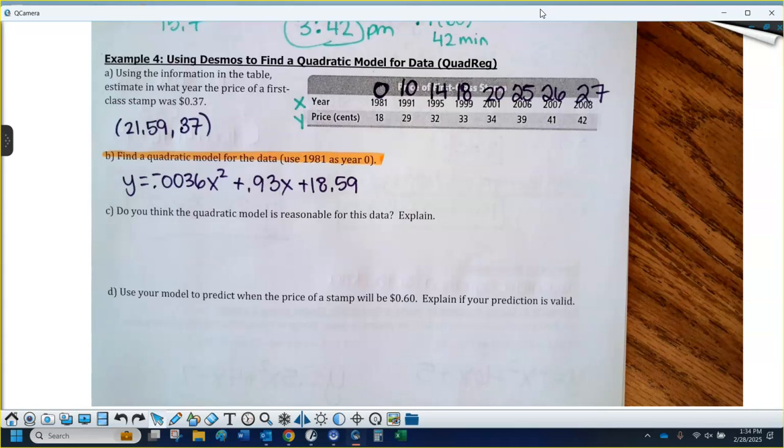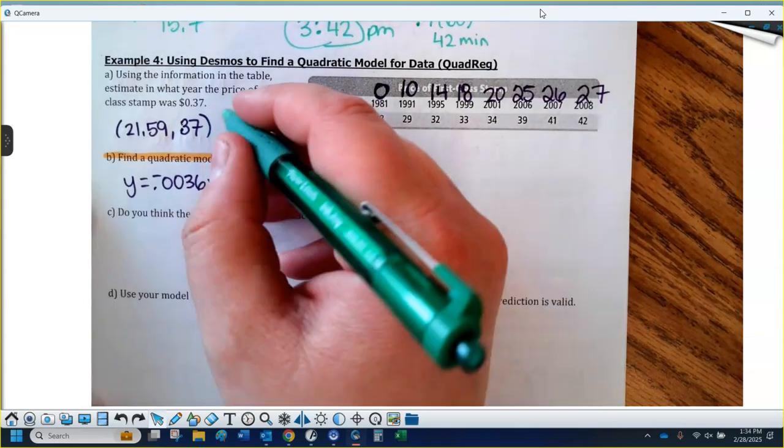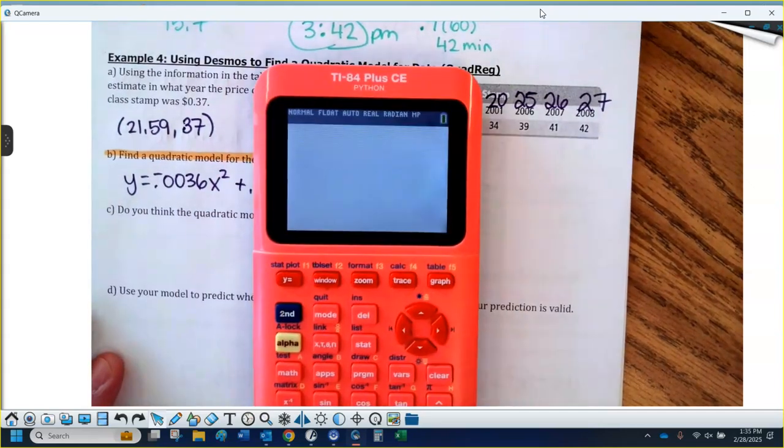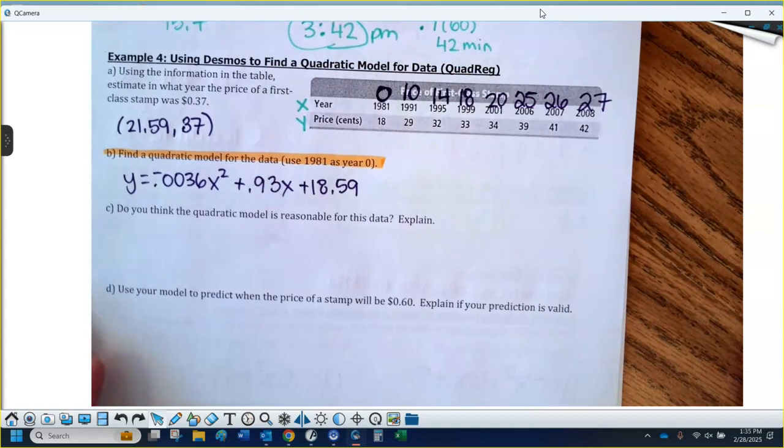So year 0 was 1981. My x value that I'm looking at now is 21.59. What would you do to the 21.59 to figure out what actual year that would be? You're going to add it. All you got to do is add it to the 1981. You started with 1981, so it's saying 21.59 years later, you're just going to add it. Do 1981 plus 21.59. That puts you in 2002.